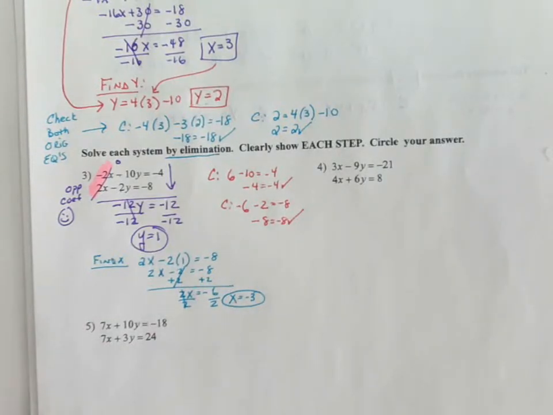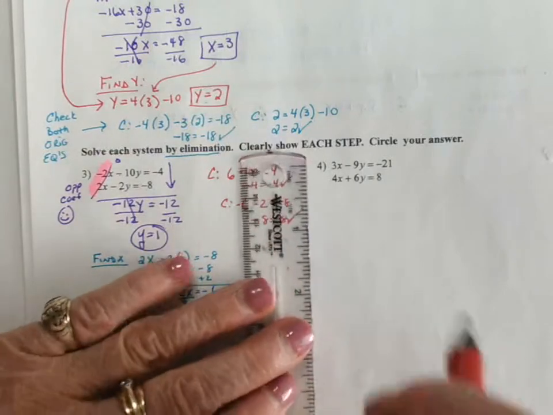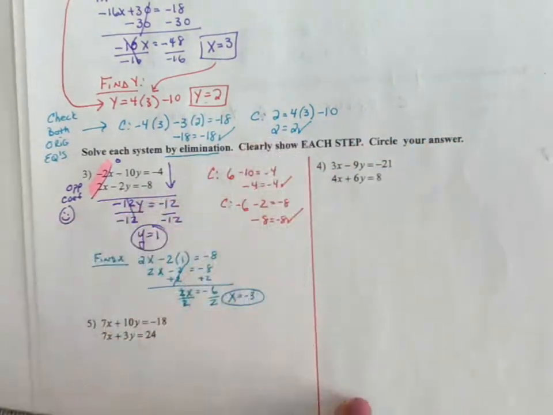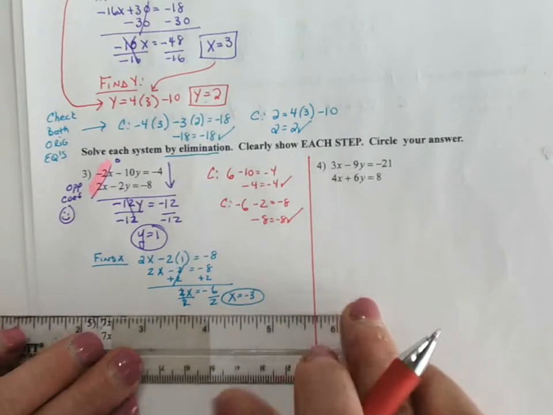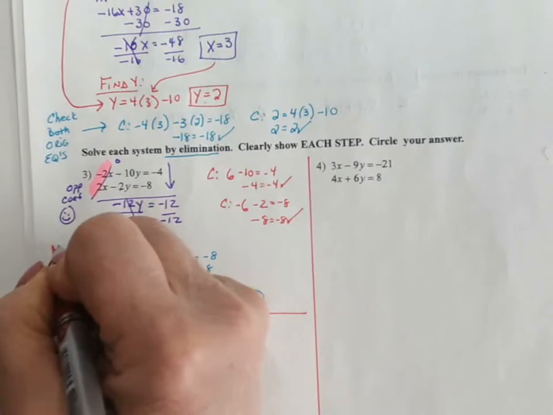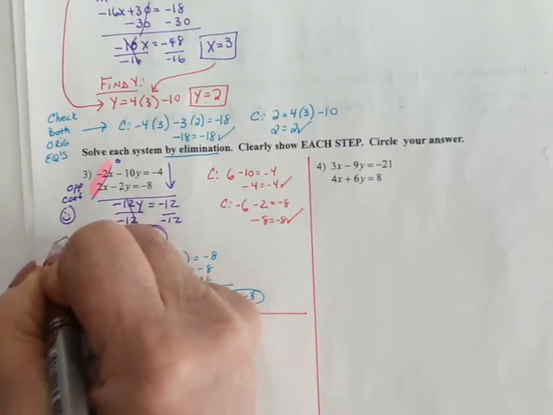Now remember, there are 3 methods to solve using elimination. This one is the addition.